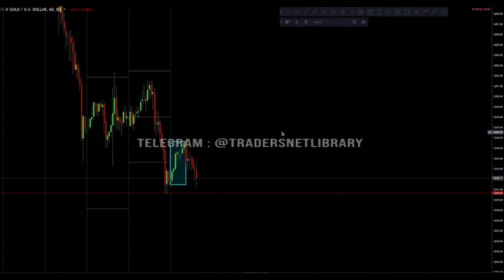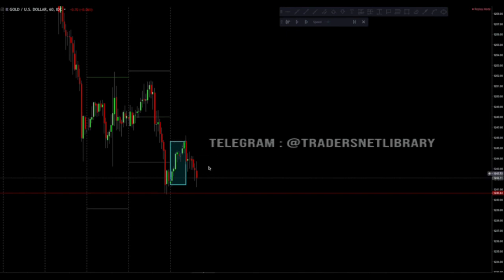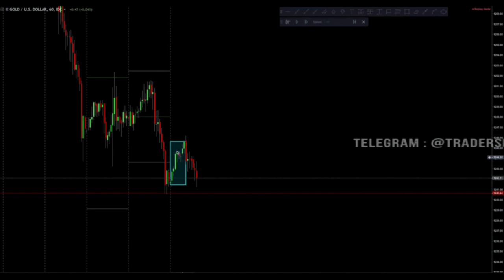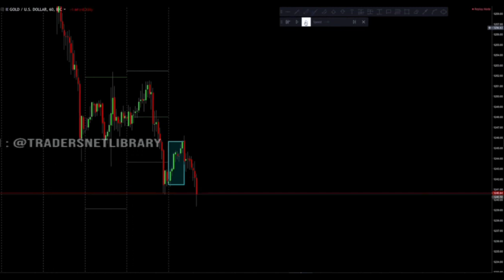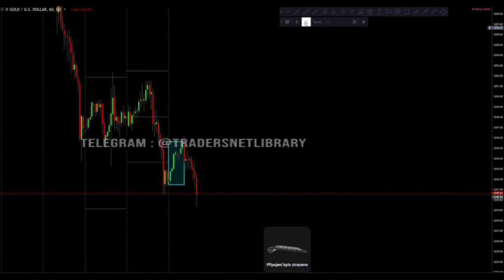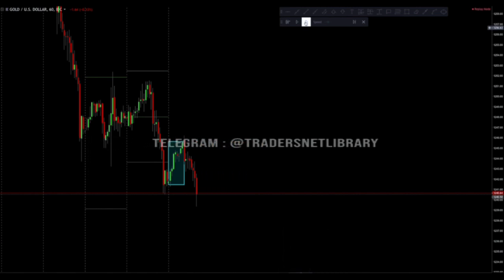It doesn't look like what I drew before. That's what I said, it doesn't always look like this. But the main thing is that we have manipulation to the downside now. That's a good key indication that it could reverse according to my strategy. Okay, let's go forward.